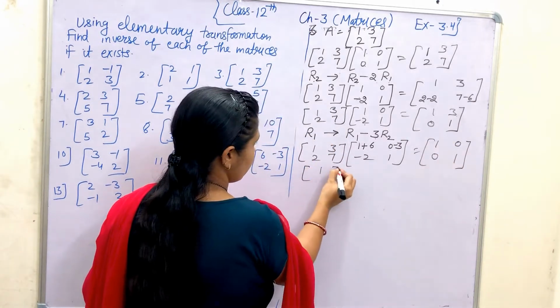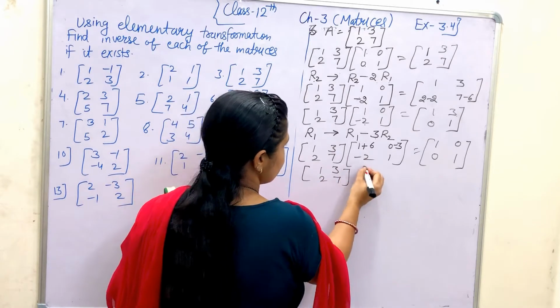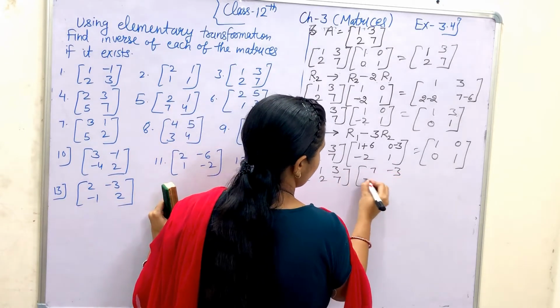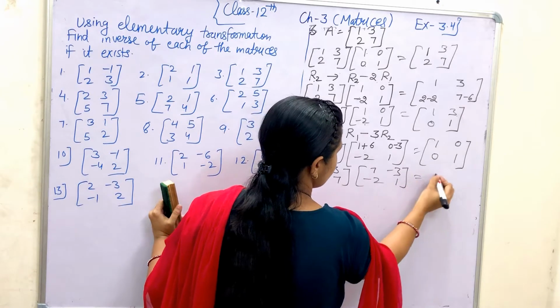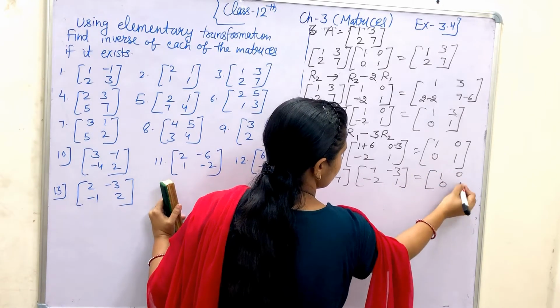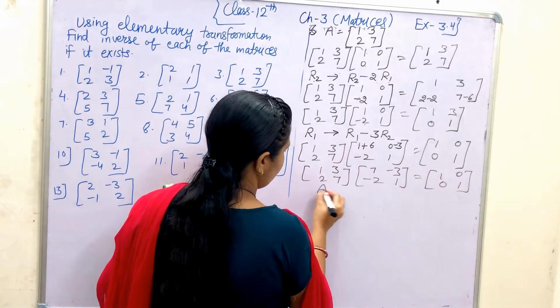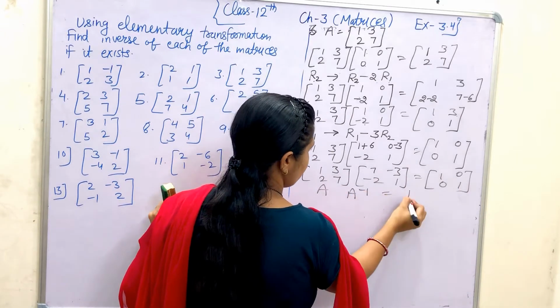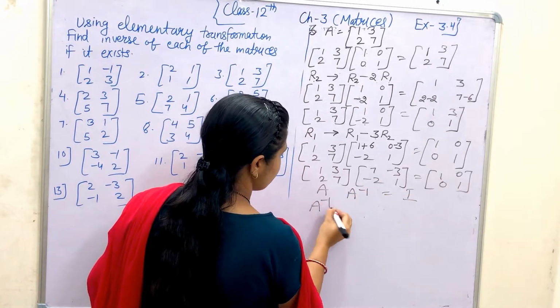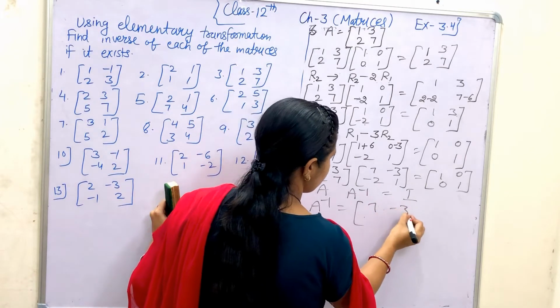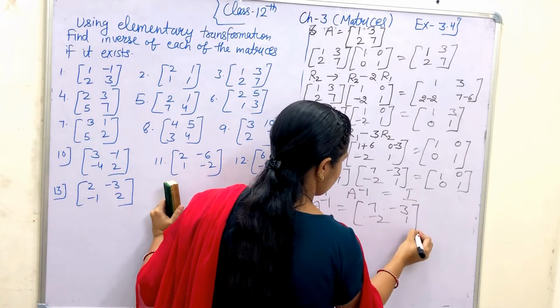So we get our inverse here, that is 7, minus 3, minus 2, 1. A into A inverse is equal to identity. A inverse is 7, minus 3, minus 2, 1.